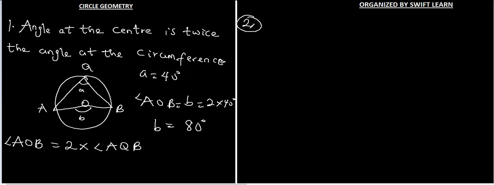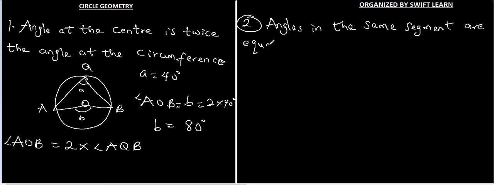Number 2. It says the angles in a segment are equal. That means angles in the same segment. Let me write it. For instance, you have a circle such as this, and you have something like this.